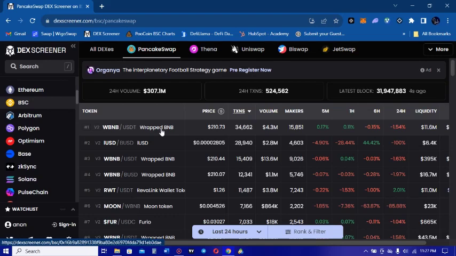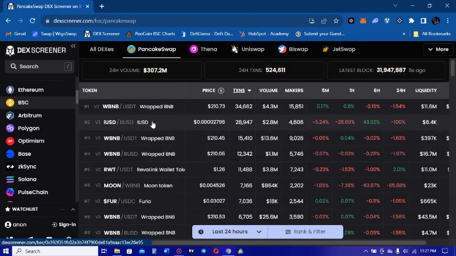So let's say a particular trading pair, WBNB USDT, on PancakeSwap. Okay, now before I forget, this is an ad, so you can remove it by simply clicking there. So let's go to wrapped BNB.